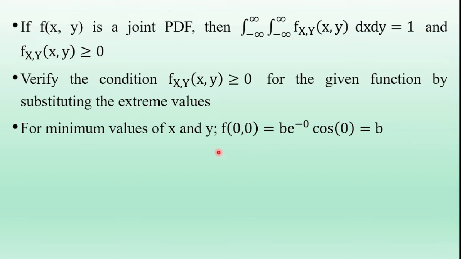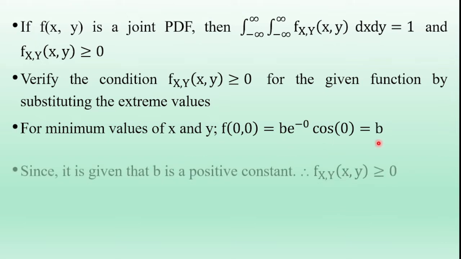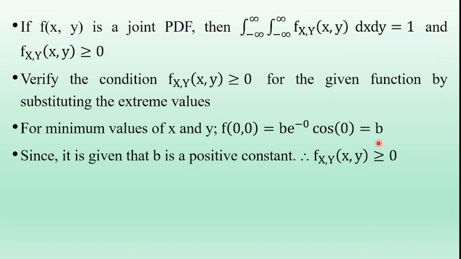At 0 comma 0, that is the minimum value of x and y, f of 0 comma 0 is b e power minus 0 into cos 0. E power minus 0 is 1, cos 0 value is 1. So f of 0 comma 0 is b. So b is a positive quantity.